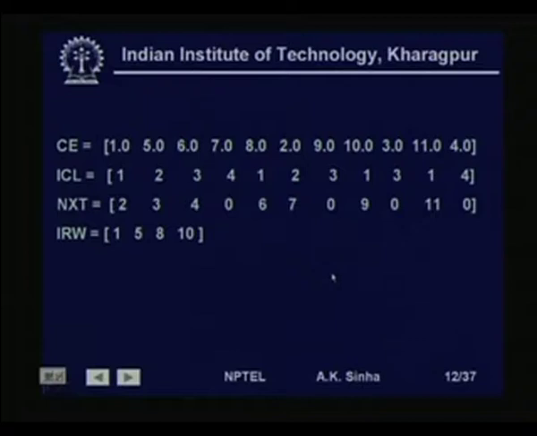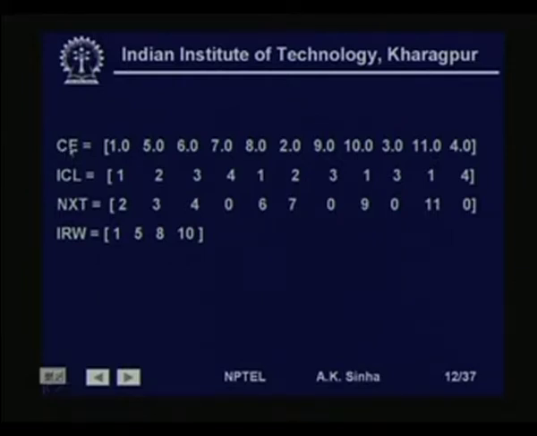Now, how do we store this matrix as a linked list? Let us see what we do. We create 4 arrays. One we call CE, the compact storage elements. This array is a single dimension array and contains all the non-zero elements of the matrix, stored in serial order as they are in the rows.